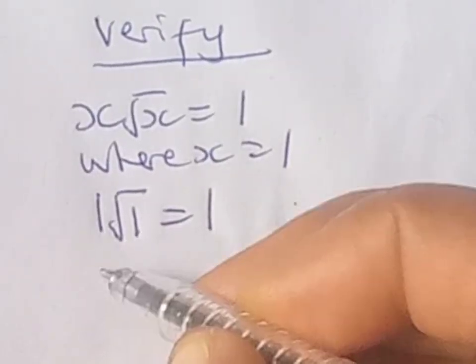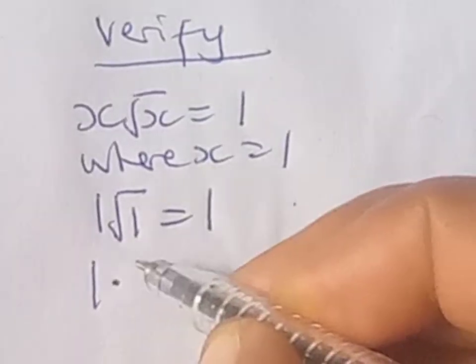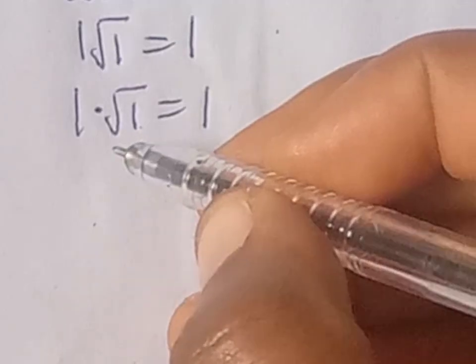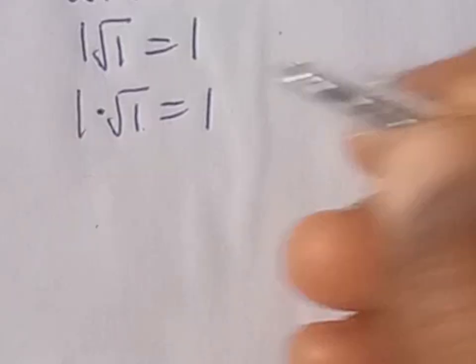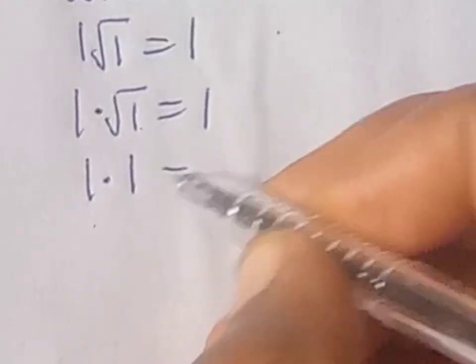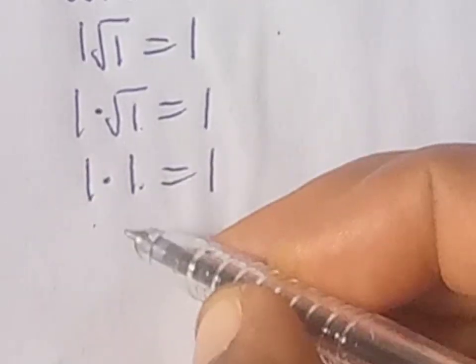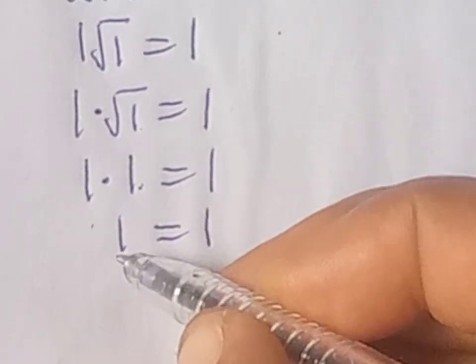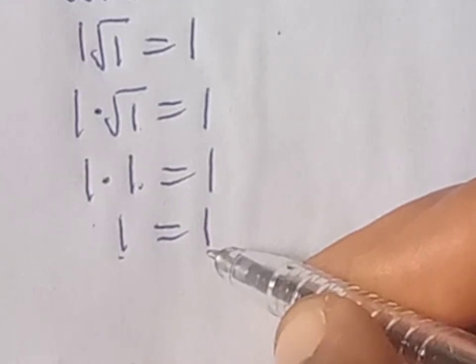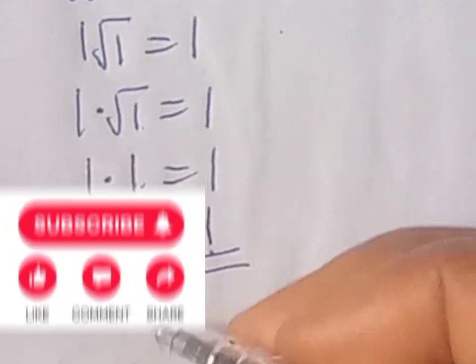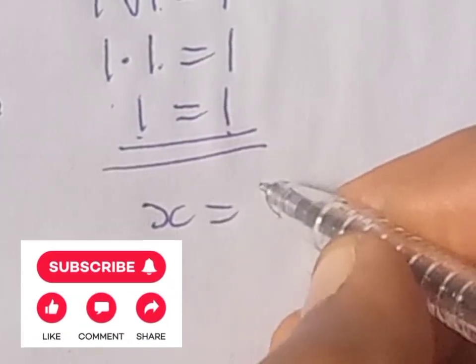Now let's split this. 1 multiplied by root 1 equals 1. The square root of 1 is 1. So you have 1 multiplied by 1 equals 1. So 1 multiplied by 1 will give us 1. So can you see now that we've arrived at 1 on the left hand side and also 1 on the right hand side. So our answer is x equals 1.